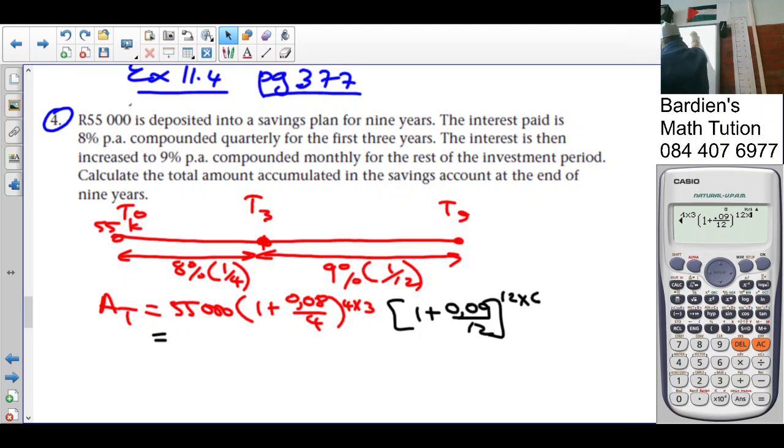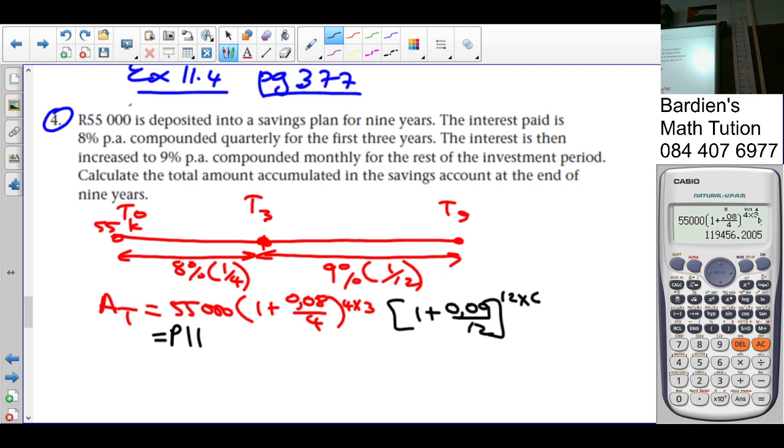How many years is that for? 6. Gives us a total of 119,456 rand and 20 cents. Is that correct?